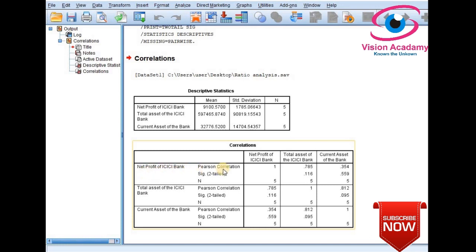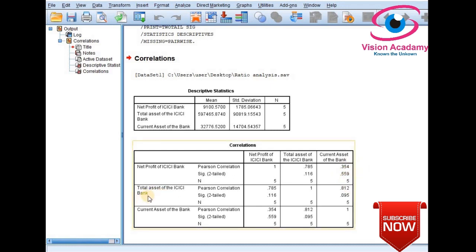Here net profit of ICICI Bank correlates with itself, and net profit of ICICI Bank to total assets of ICICI Bank is evident by 0.785, which means a positive correlation, which means higher the net profit, higher the total assets. And net profit to current assets: higher the net profit, will it lead to higher current assets? We cannot say that there is a strong positive correlation. There is a positive correlation. We can say higher the net profit in ICICI Bank also increases the current assets in ICICI Bank.